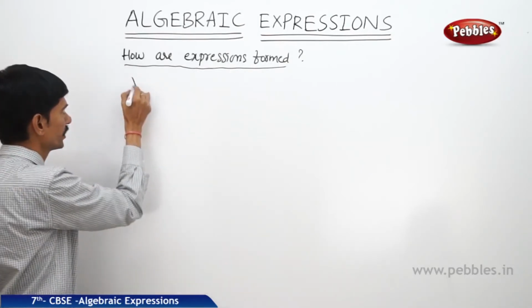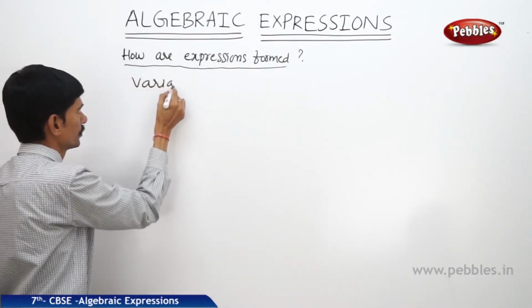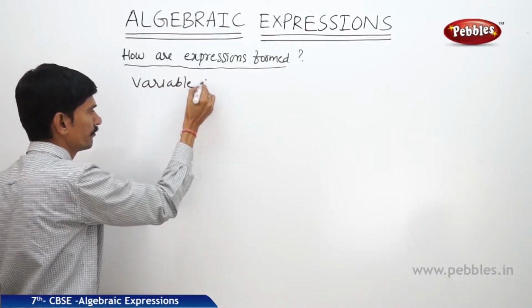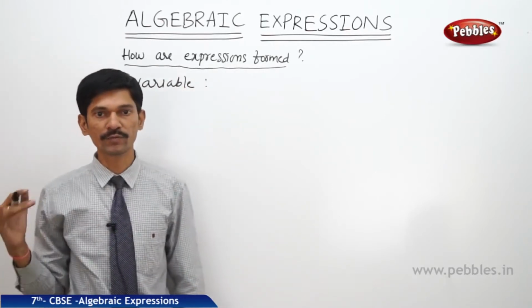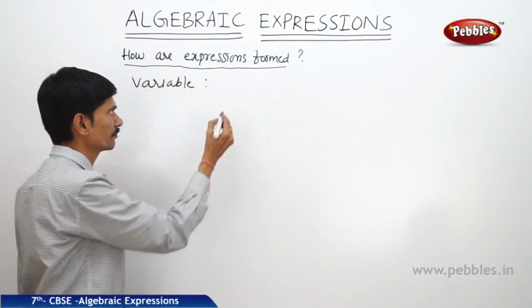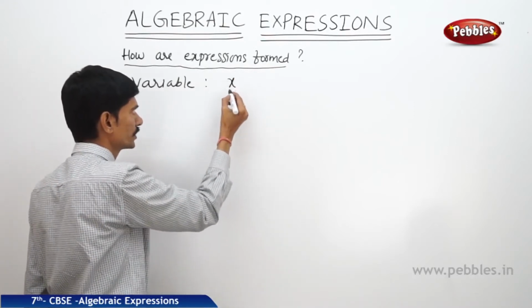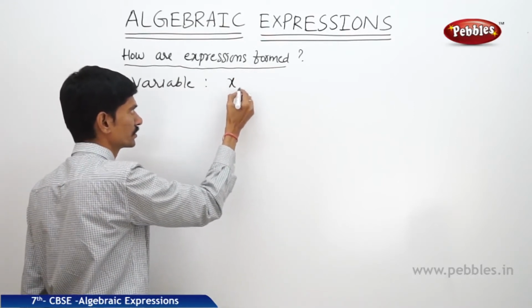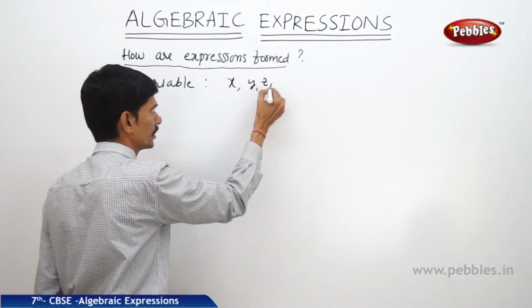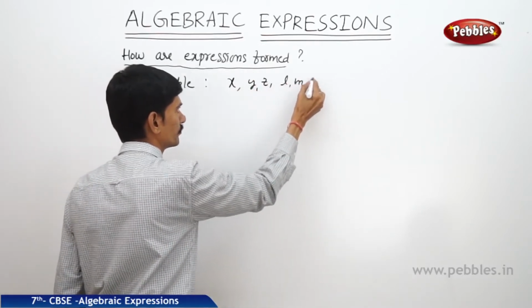First, what is a variable? A variable can take any value from a given set. The variables are denoted by the lowercase letters x, y, z or l, m, n.